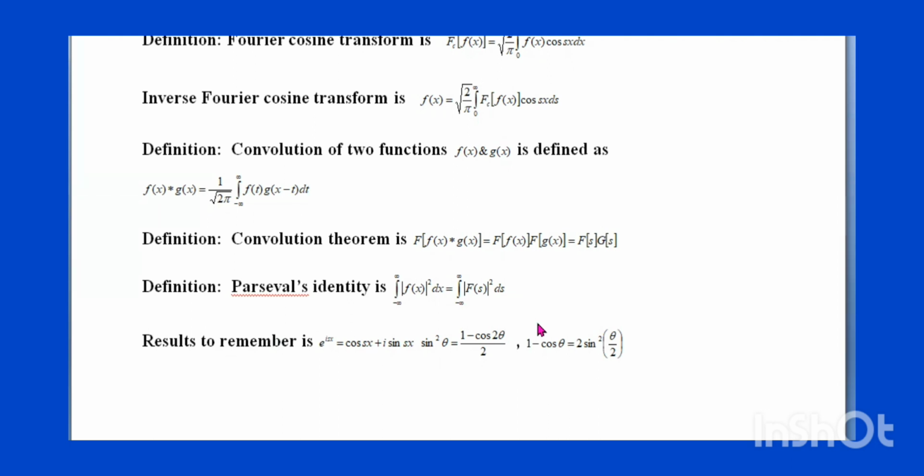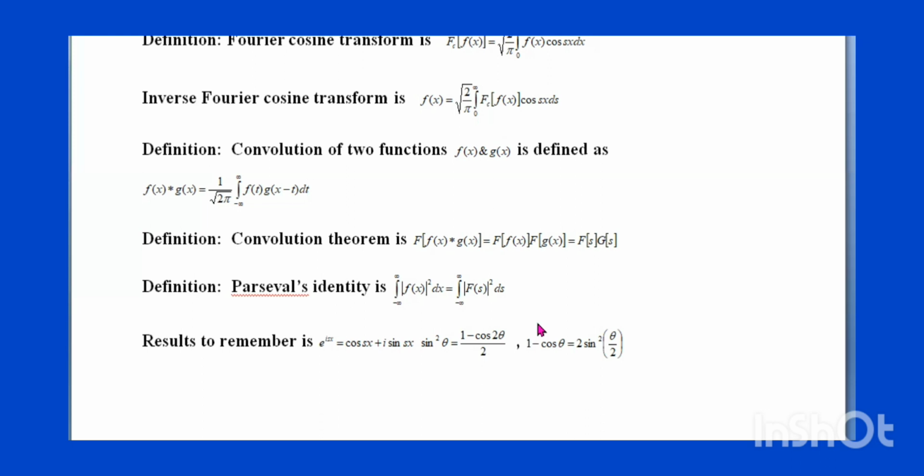Next, if any subdivisions are given, there is only one way to deduce or derive the substitution, using Parseval's identity. We can use Parseval's identity when the subdivision involves power 4, power 6, power 8, power cube, like this. In this way, we have to use Parseval's identity. While we solve the problems, you can understand.